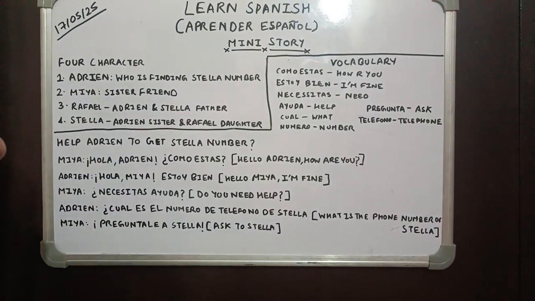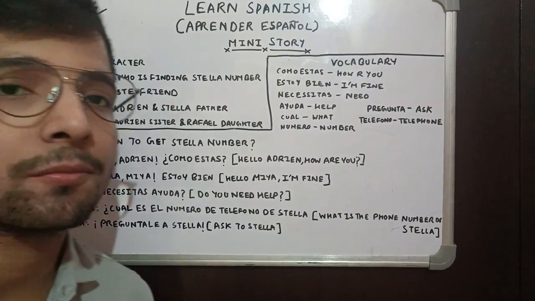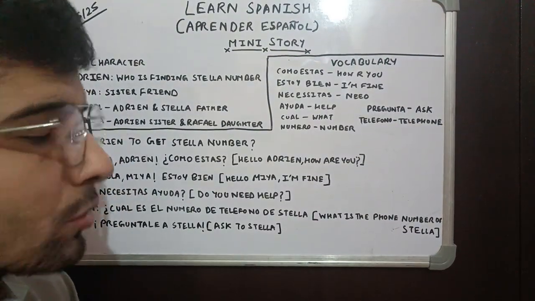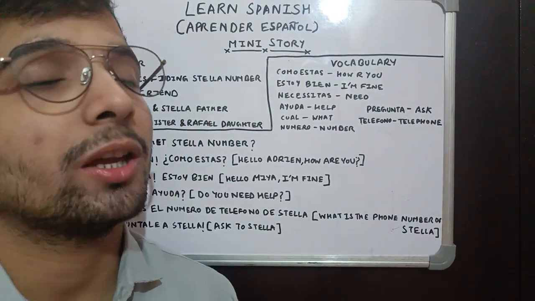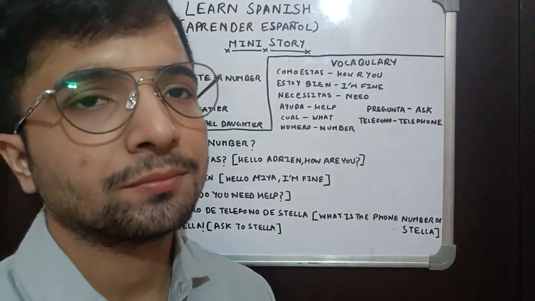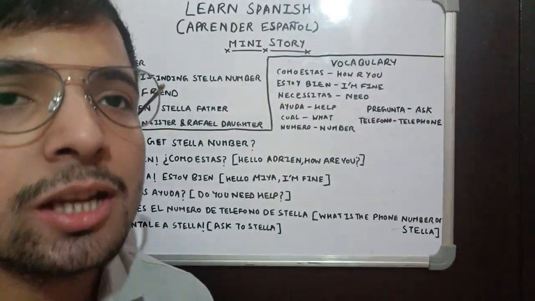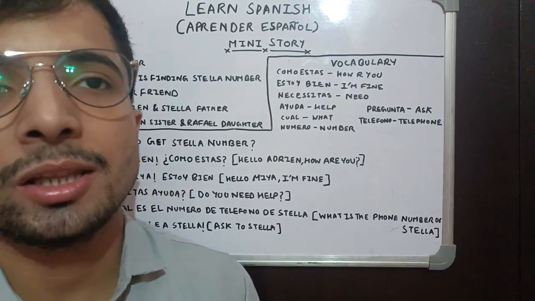And what did Mia reply? Pregunta a Stella. Ask Stella. So what does Adrian find? Adrian just wants to know where Stella's number is. Then Mia replied, ask Stella. So this is half the story. I will tell you in the next lecture. Then there is a conclusion in that.